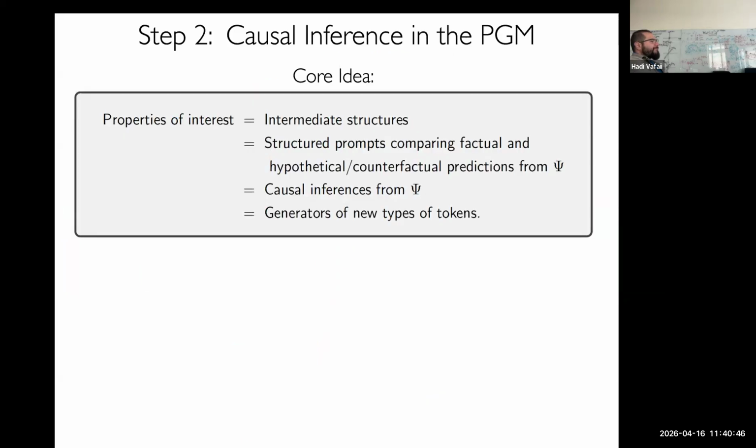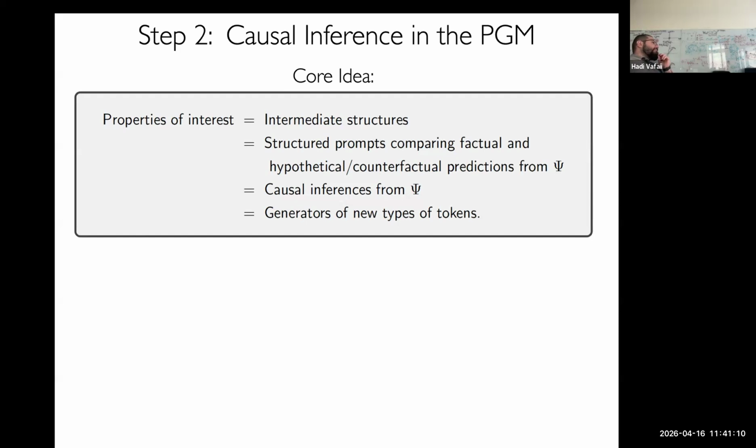Okay, so the core idea is this. Properties of interest, or intermediate vision ideas, are structured prompts comparing factual and hypothetical or counterfactual predictions from the model, which are essentially causal inferences, or I'm going to call them approximate causal inferences for some technical reasons.